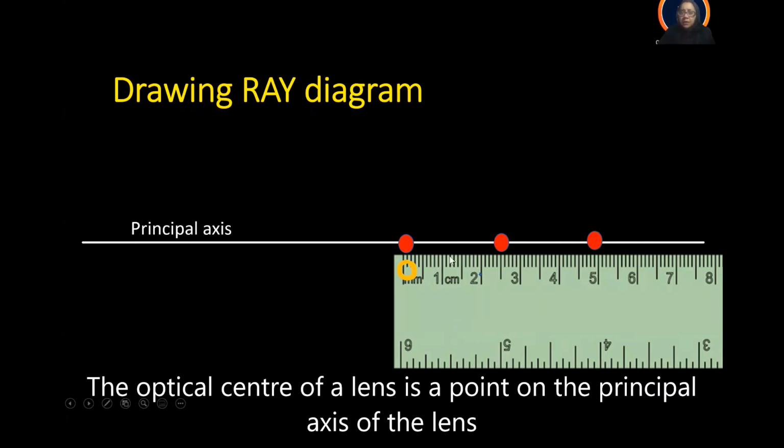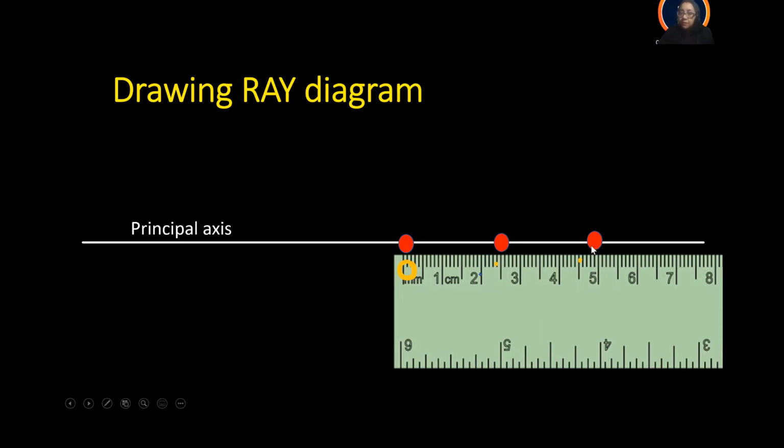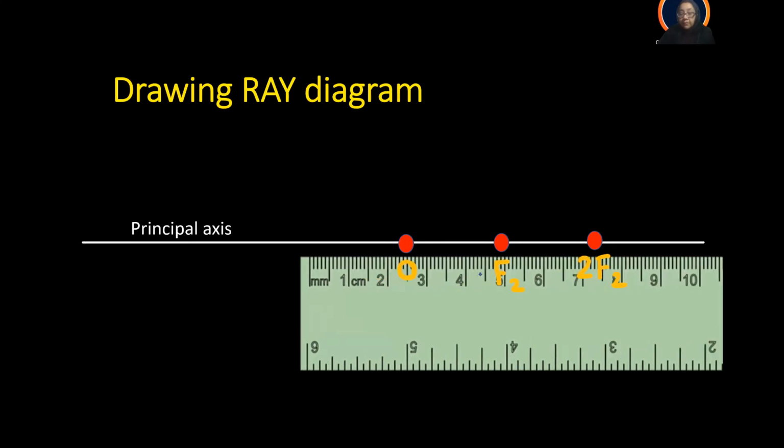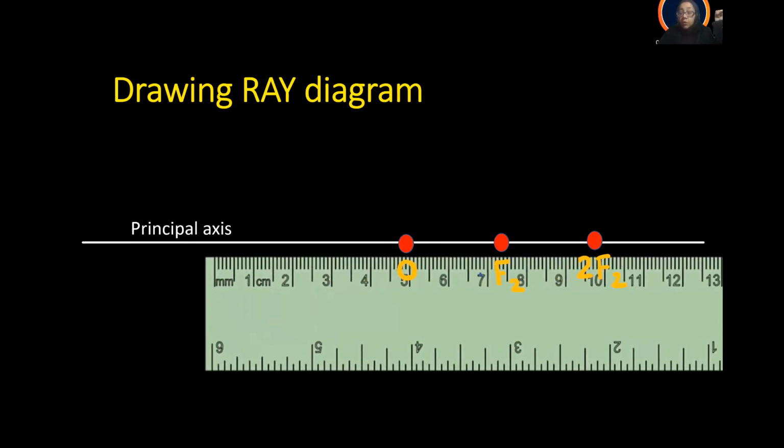Let it be 2 centimeters or 2.5 centimeters in this example. So the first point will be 2.5 and the second one will be 5 centimeters. We can label these points F2 and 2F2. Similarly, we take two other points on the other side of the optical center. We call them F1 and 2F1.